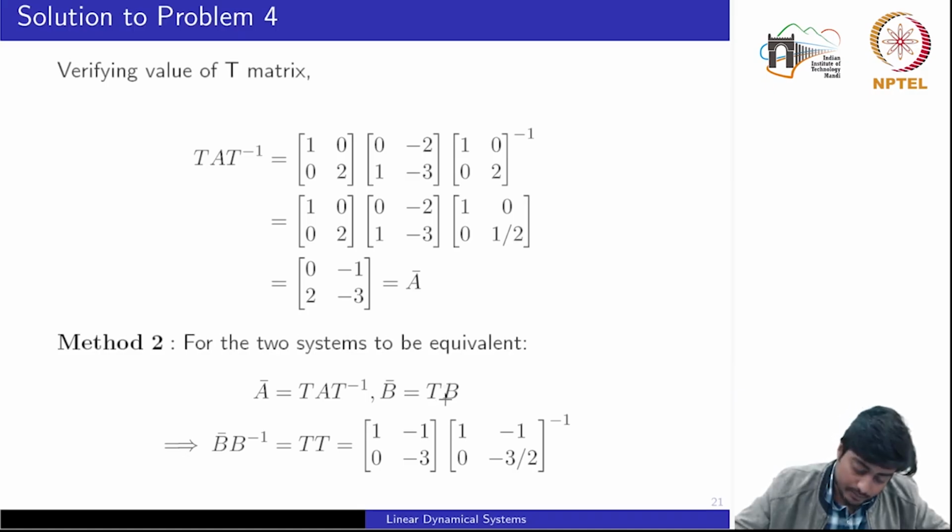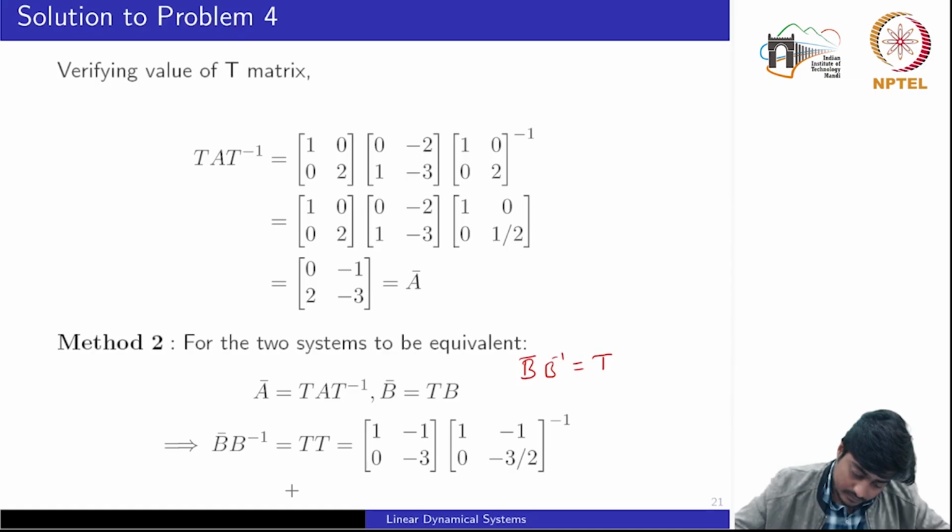So if I pre-multiply by B inverse into this equation, I can obtain the T matrix directly. Say what I mean to say is that this equation is given to us. If I pre-multiply by B inverse, I would have B bar B inverse is equal to T. So I can obtain directly the transformation matrix by the multiplication of B bar and the inverse of the B matrix. And this is what we have done here.